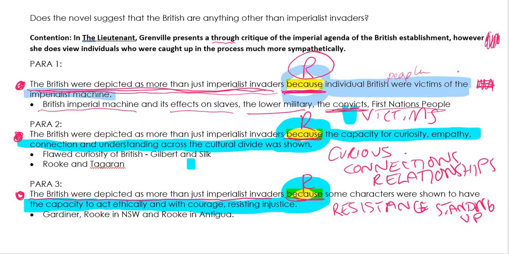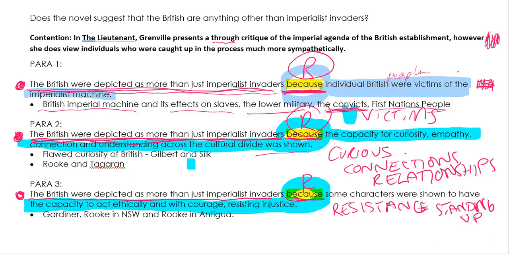Paragraph 2, same contention. The British were depicted as more than just imperialist invaders. These are not my topic sentences here. These are ideas. This is an argument I'm putting together here. Because, and then my second reason, because they're not just imperialist invaders, because they have the capacity for curiosity, empathy, connection, and understanding across the cultural divide was shown.